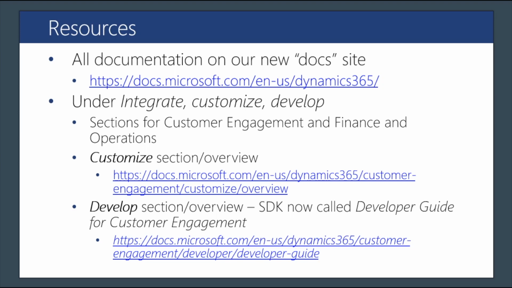And then lastly, for developers doing extensions, you can go to the developer guide for customer engagement, which is a page now within our doc site that contains a lot of great links to information. It contains links to sample code, and a lot of information on how to use NuGet, as we were talking about, for doing Visual Studio development with plugins.